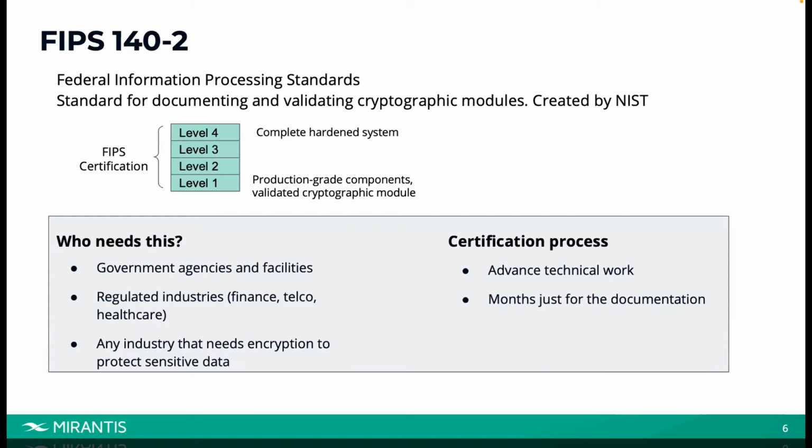As you can see on the screen, there are 4 different levels to the certification, starting from level 1, where the individual components are secure, such as your encryption and your communication, all the way to level 4, where the entire system is hardened. So you've got your application, your communication, even your hardware, and it really depends on what level you're trying to achieve. And who really needs this?